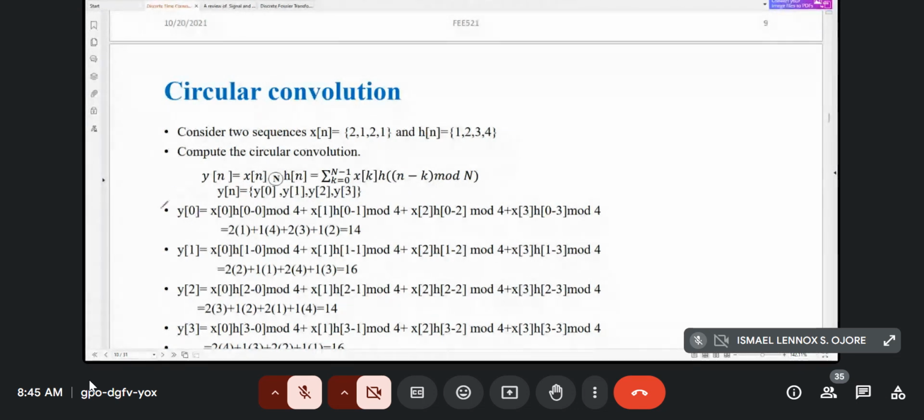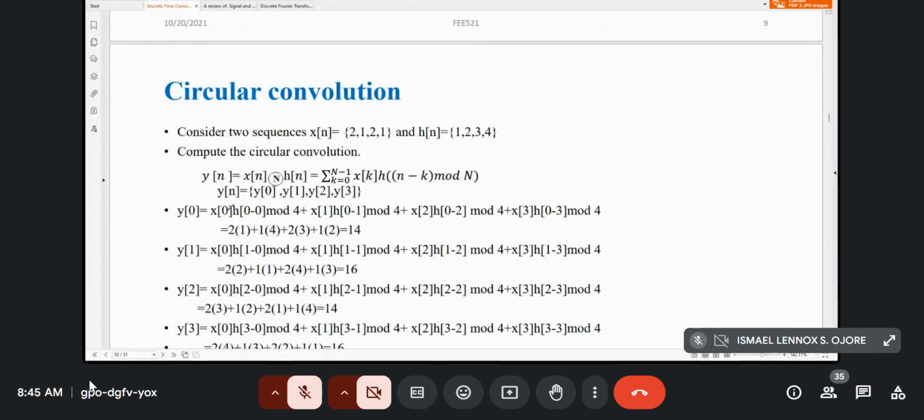So what is y of 0? Y of 0 means what? It means x of k and h of minus k, but mod N.